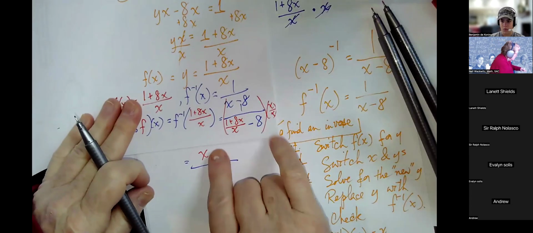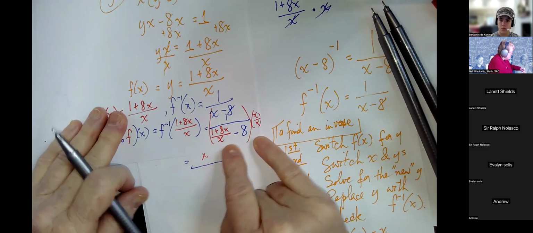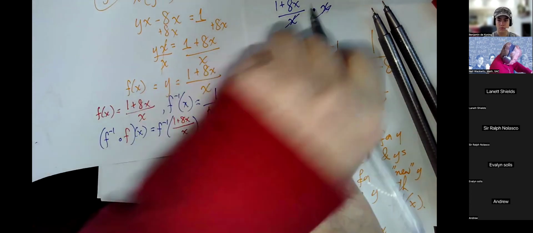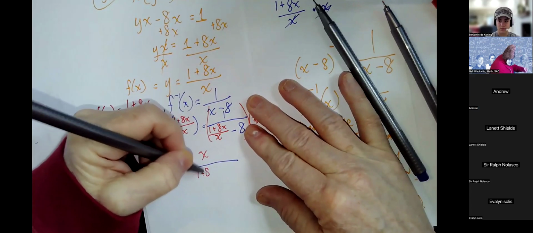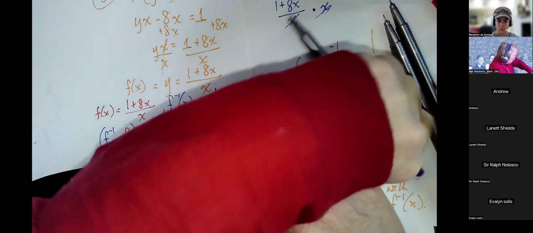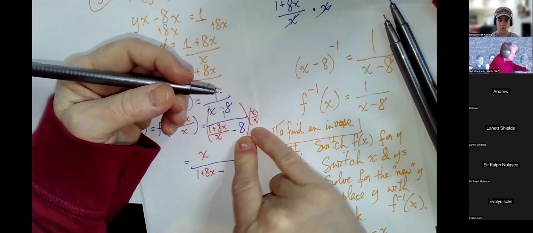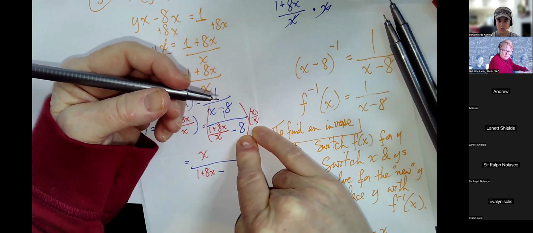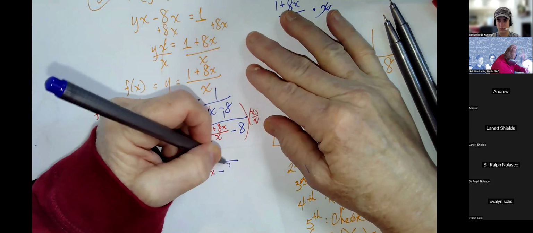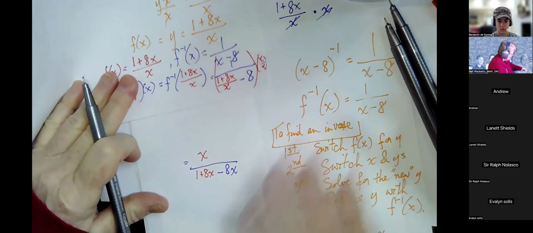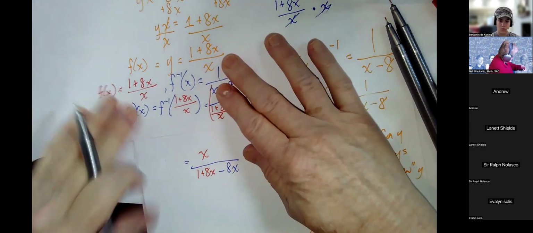So now, because we've multiplied x times this fraction, we just have 1 plus 8x, and then minus, and what is 8 times x? 8x. Good. Okay, well, we can't stop. We need to see if we get to x. That was our goal.